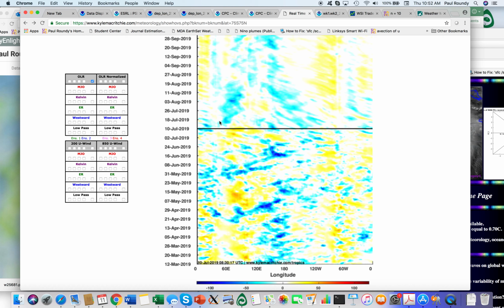Now we're focused on northern hemisphere summer conditions right now, and it's typical that MJO signals are a little weaker during the northern summer than during the northern winter, and the Rossby wave response to MJO convection over the northern hemisphere is also substantially weaker, as most of the energy forced by the MJO goes into the winter hemisphere.